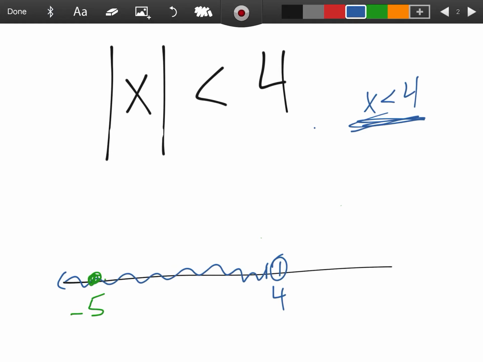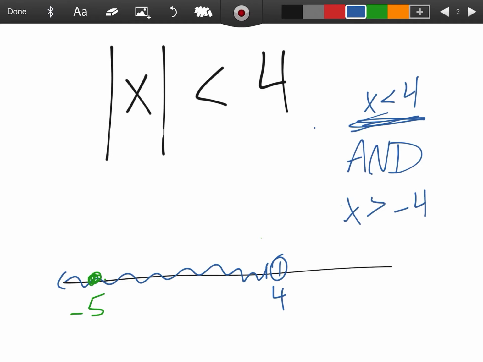So here I just wrote, okay, x is less than 4, but then we need to use a compound inequality. So x is less than 4, and x also needs to be not less than -4, but now we need to be greater than -4.